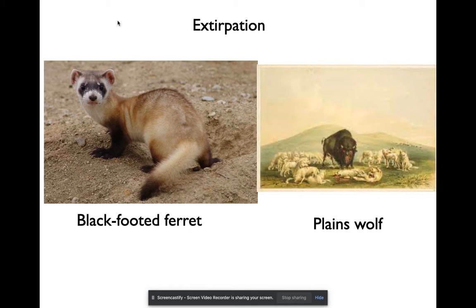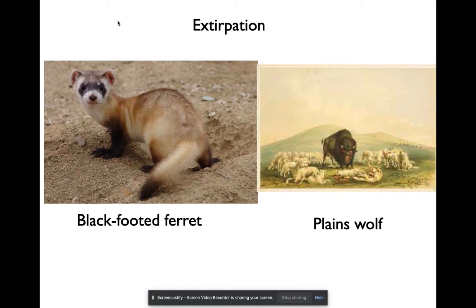But it turns out, I think it was in the 70s, a very small population of black-footed ferrets was found, and due to great lengths of preservation, the black-footed ferret is no longer gone. I believe it's a protected species now, but it has rebounded. But for a long time, it was not found in North America. So that's why it was listed as an example of extirpation.